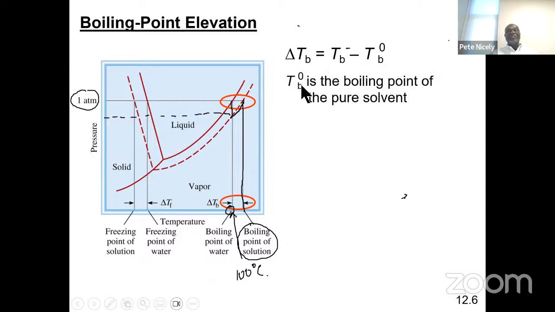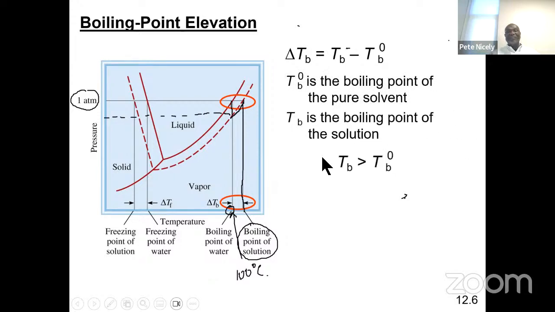So TB0 would be the boiling point of the pure solvent, and TB would be the boiling point of the solution. Now, because the boiling point of the solution is greater than the boiling point of the pure solvent, that means that delta TB is going to be positive, right? And it turns out that there's a relationship between delta TB and the concentration of the solution.